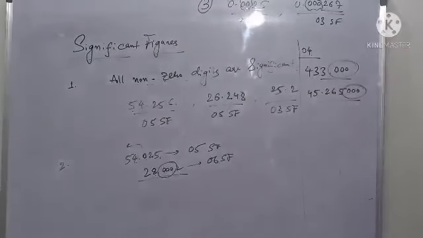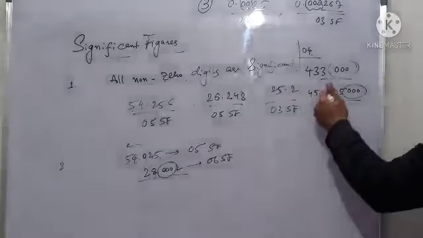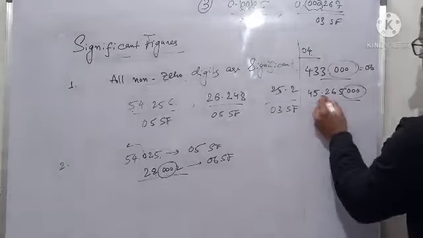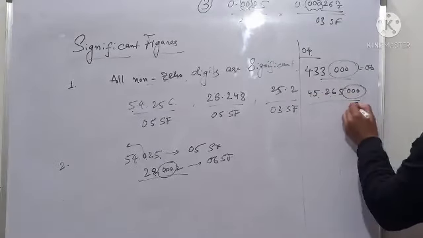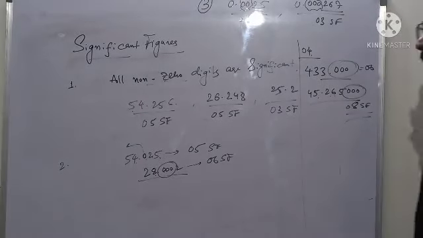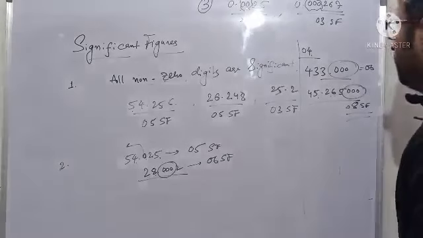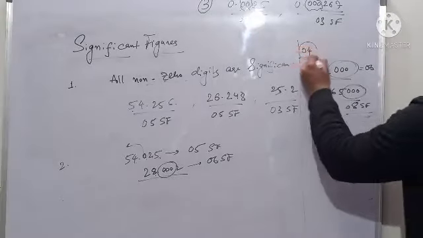They have to be counted when you are counting the significant figures in a number. So it will have 3 plus 3, 6 significant figures. This number will have 1, 2, 3, 4, 5, 8 significant figures. One thing I am again repeating, the higher the significant figures, the higher is the accuracy of an instrument. Okay. So this is my rule number 4.